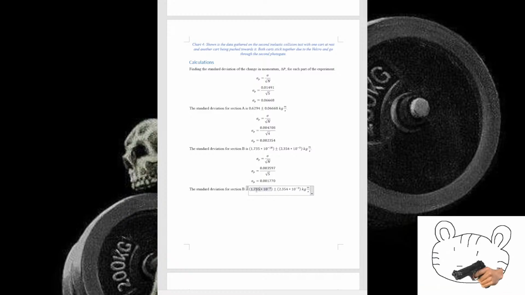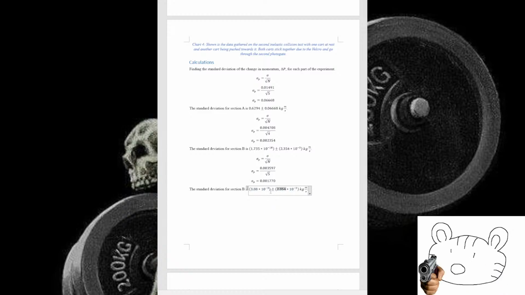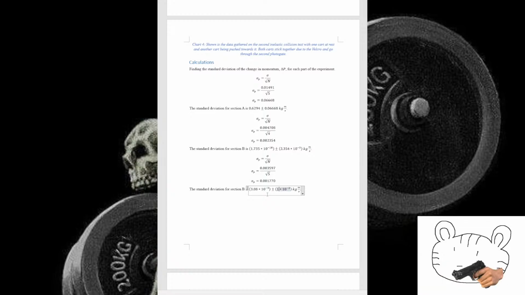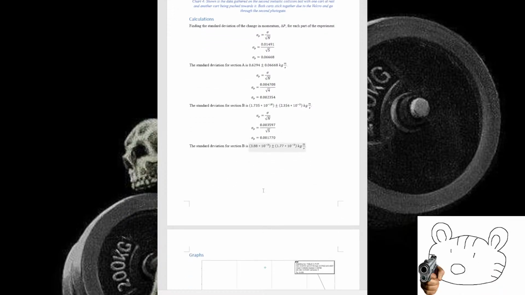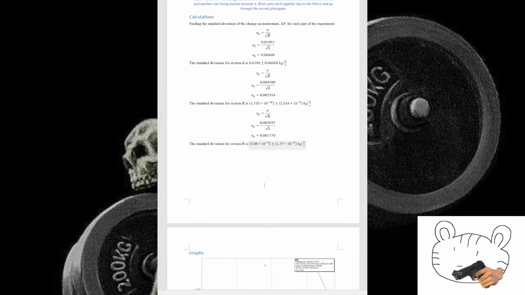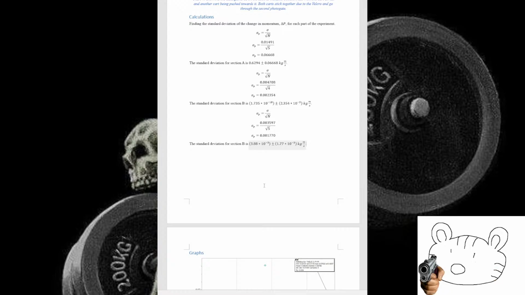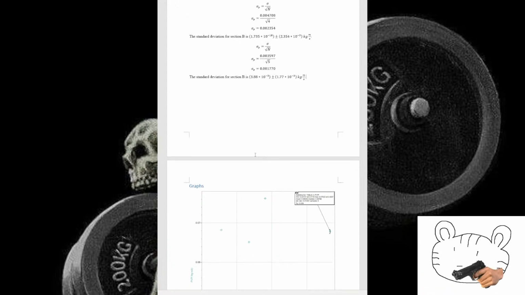It's better to write scientific notation. It makes you seem smarter, you know? 3.88. There we go. And over here we get 1.77. Plus or minus means 1.77 more or less than the value is the range.